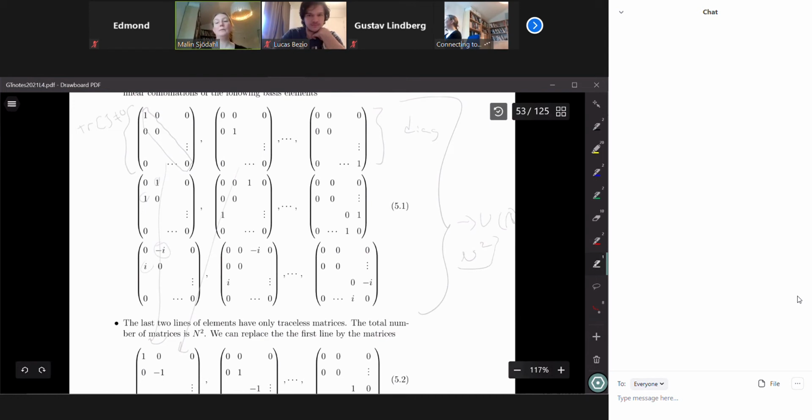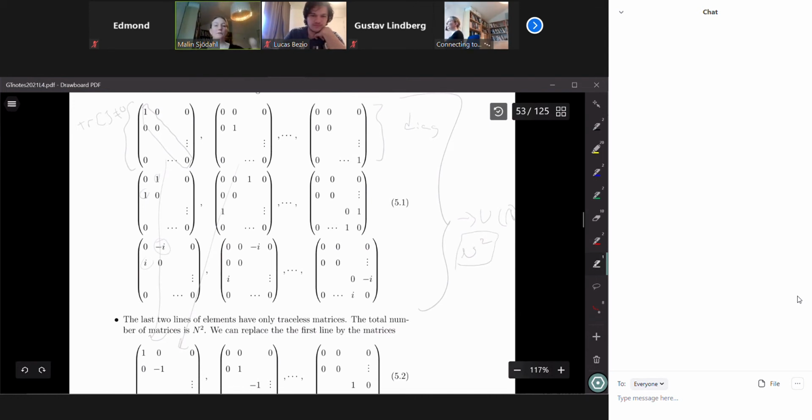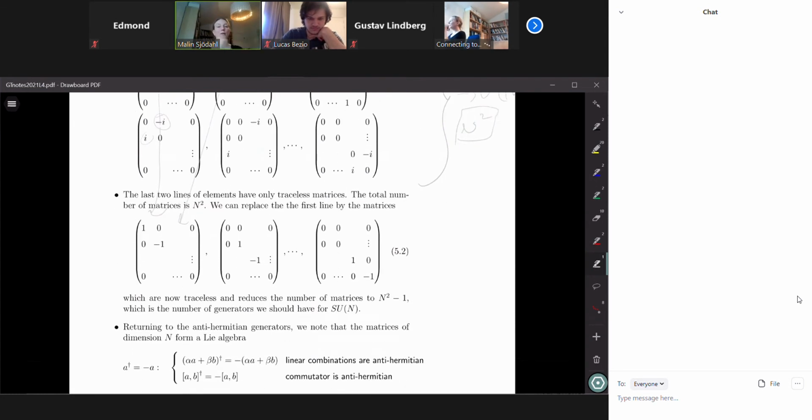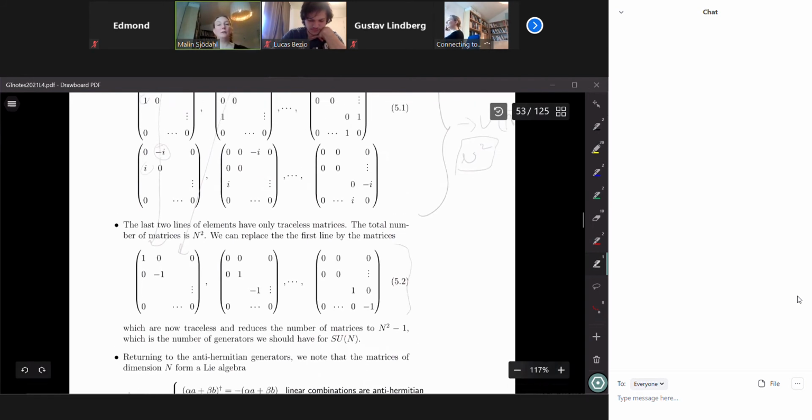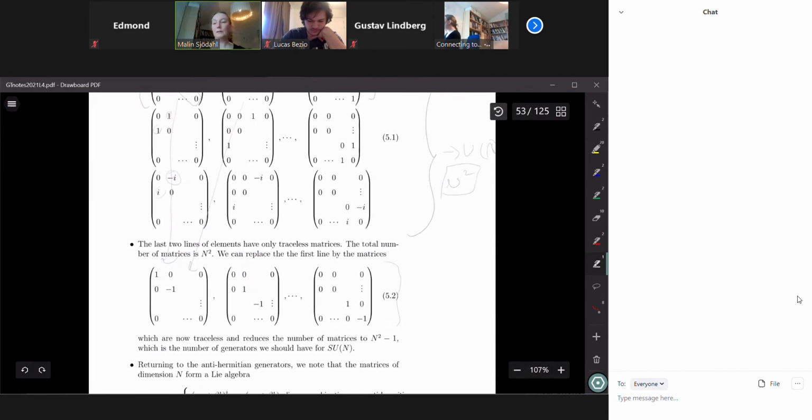So we have n squared generators, and then avoiding the linear combination giving a non-zero trace, we can take, for example, these generators here, and those generators combined with the lower 2 rows here will then generate SU(N) matrices. So we have found a general way of generating SU(N) matrices, and it's 11 o'clock.